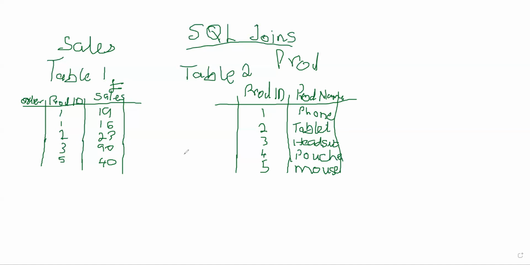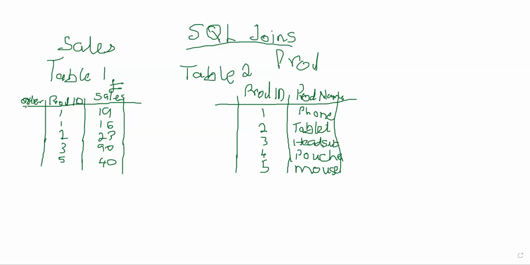All right. If I want this table to communicate with this table, there are about 4 to 5 kinds of joins. We are going to be dealing with a few of them.